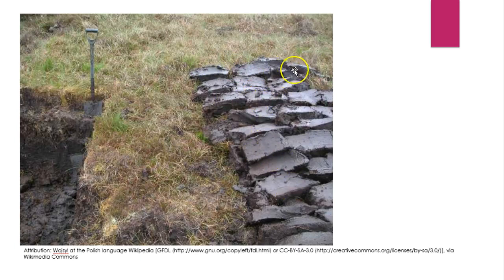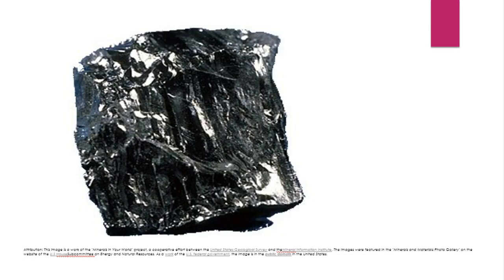Now, if this decomposes for a lot longer and is put under a lot of pressure, peat turns into coal. It is essentially decomposed plants covered up by mud or other types of materials, so that when they decomposed, the air wasn't able to get to them, so they didn't break down like we've seen materials normally breaking down on the surface.